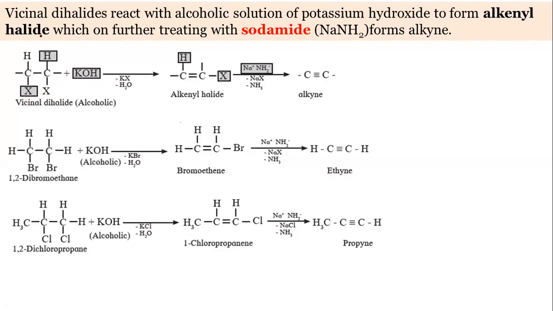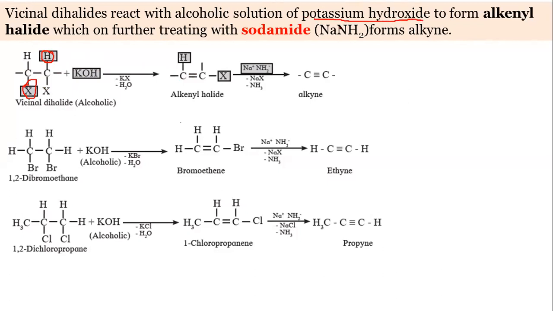So in this reaction, dehydrohalogenation takes place, means hydrogen from one carbon and halogen from another carbon we have to remove. When this is removed, we get a double bond here. From the vicinal dihalide, the conditions are very important. We have to use an alcoholic solution of potassium hydroxide. Potassium hydroxide is a base.